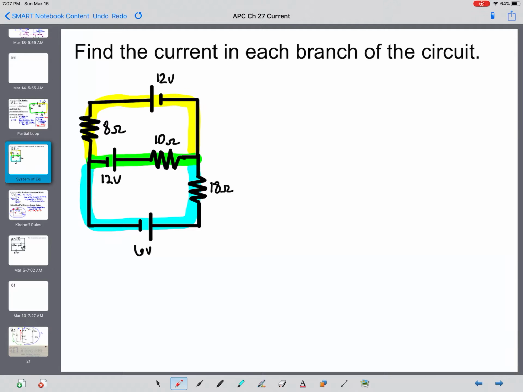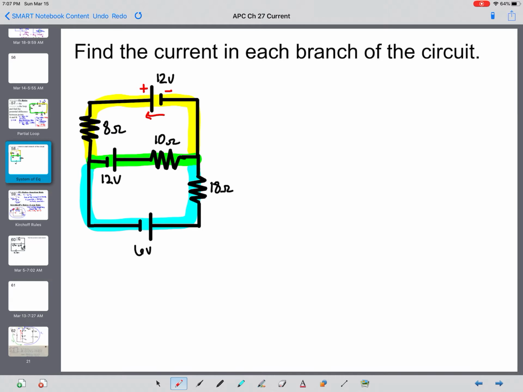We're going to call them I1, I2, and I3, but we have to draw them in some directions. I'm going to call I1 the current in the top branch, and just looking at the batteries real quick in terms of which direction they will drive a current. Positive terminal there, negative here, so that top battery is trying to drive a current to the left.